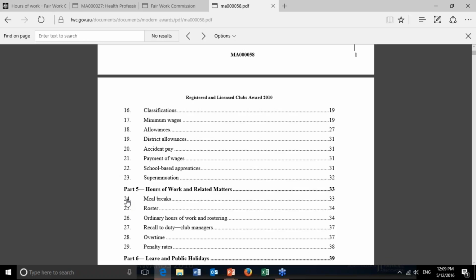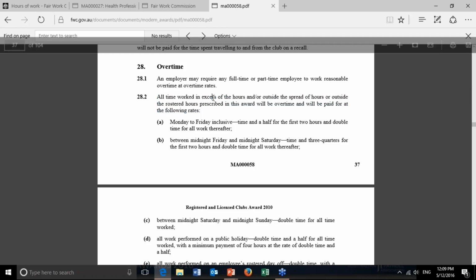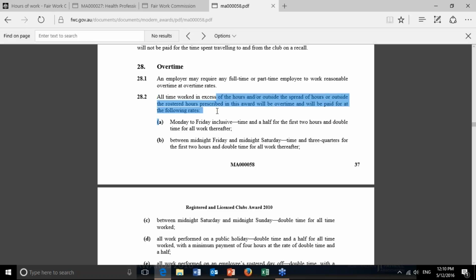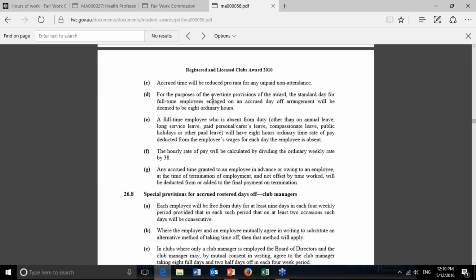Let's have a look at their overtime. So overtime is all work in excess of the hours and outside the spread of hours. So if we go up and have a look at the ordinary hours of work, that's the first thing you should be looking at.